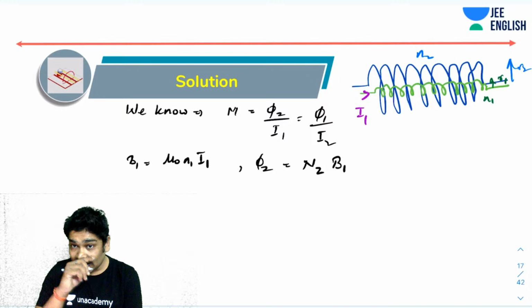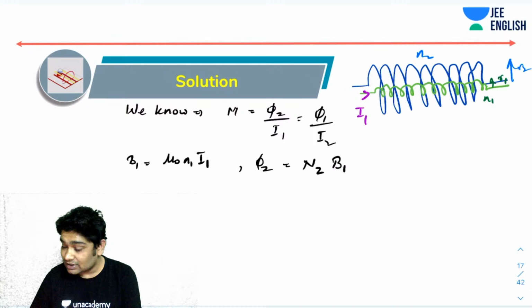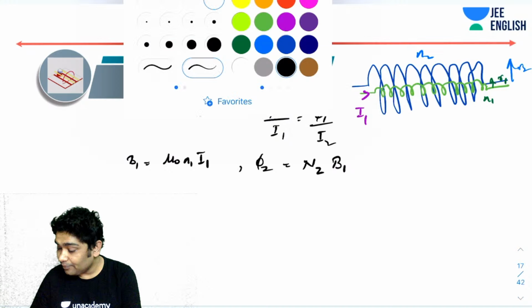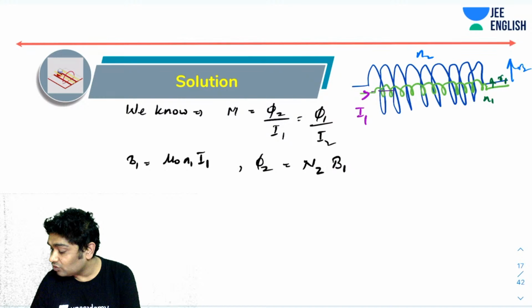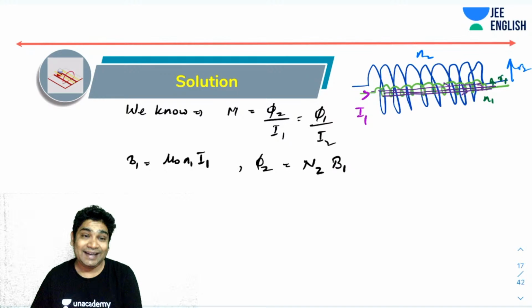Now the area that this field is going to be in will be the area of the inner one, because the magnetic field lines will be confined there. In what area are they spread? They will be spread in the area of the inner coil.